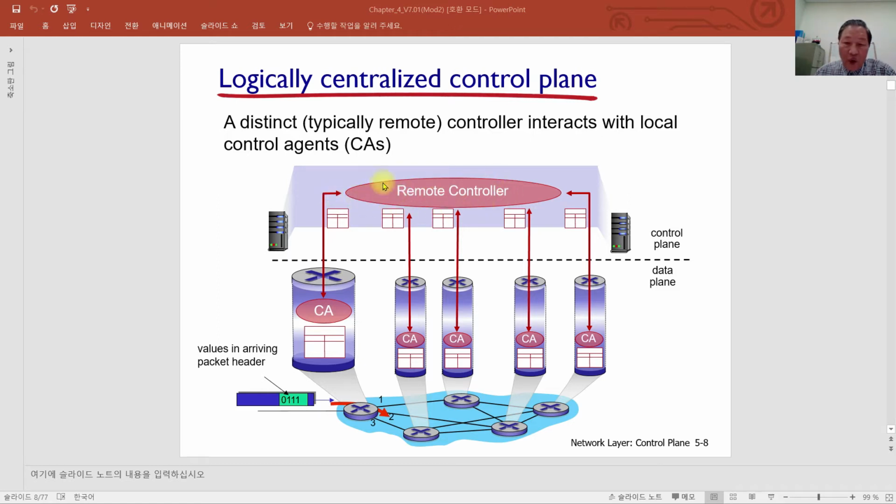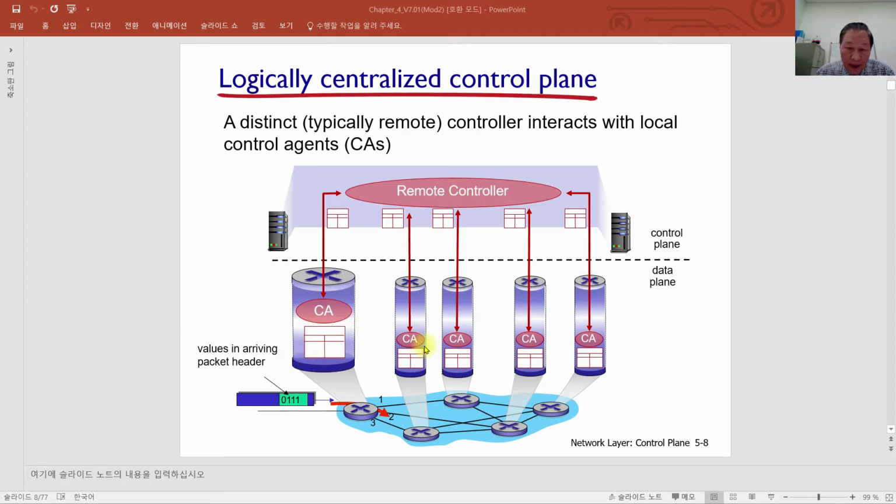And that can be centralized. And that may be running even in a single server, or in different servers, but let's try to make it simplified. Let's assume this one is running in the single server, in the centralized control plane here.